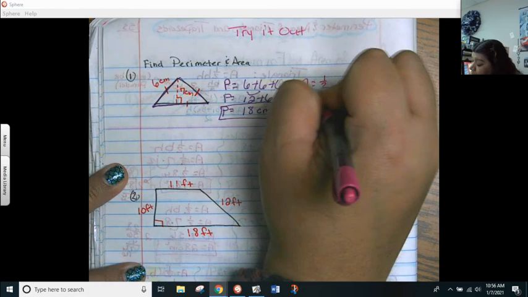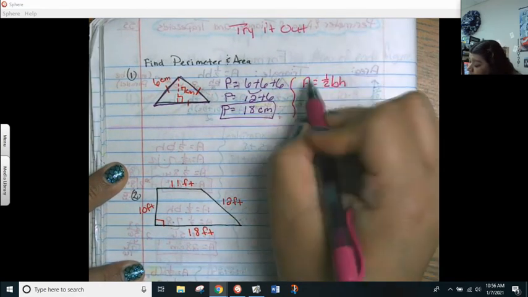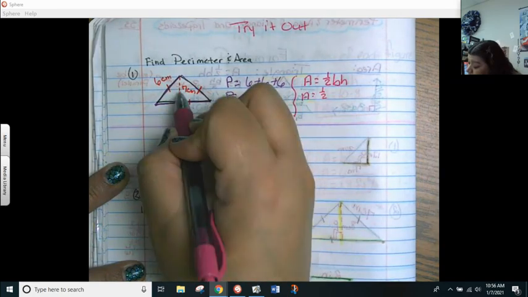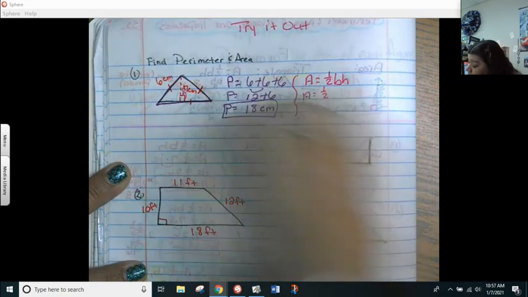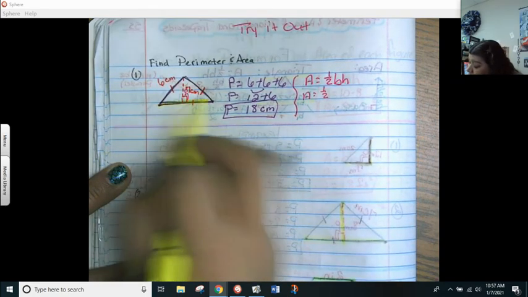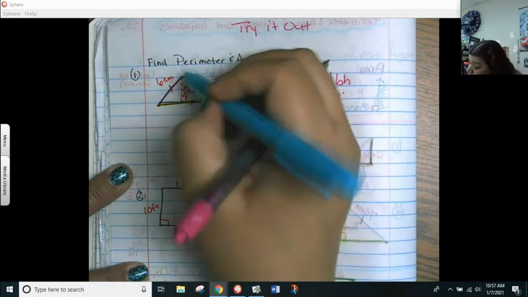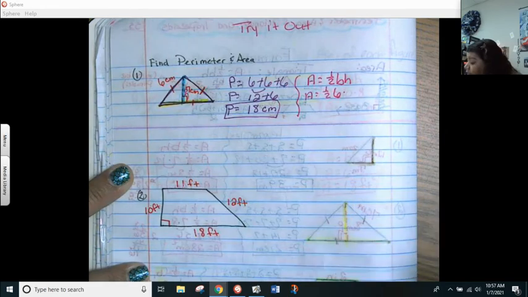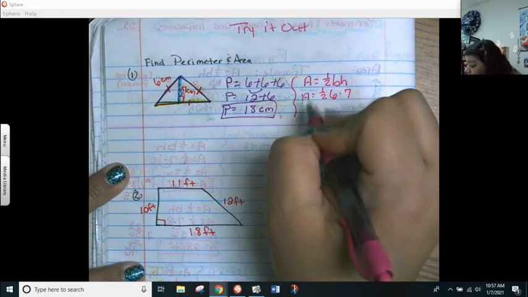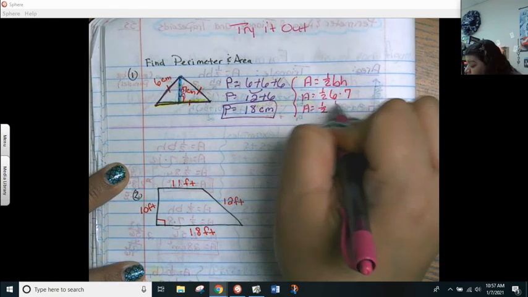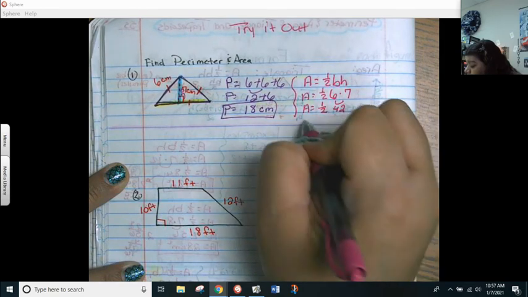So 1/2 base times height. Second line is going to be for the plug-in. So here's Harry, and I see his base is a 6, and his height is a 7. And I'm going to go ahead and do 6 times 7 is 42.